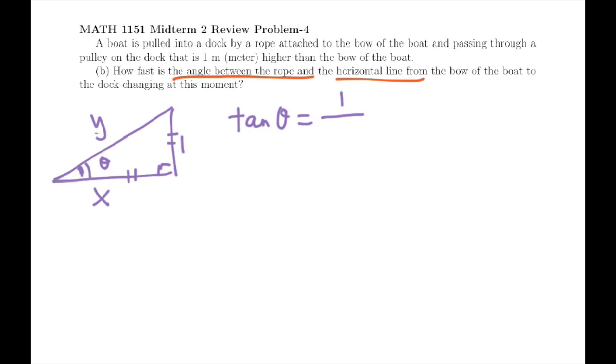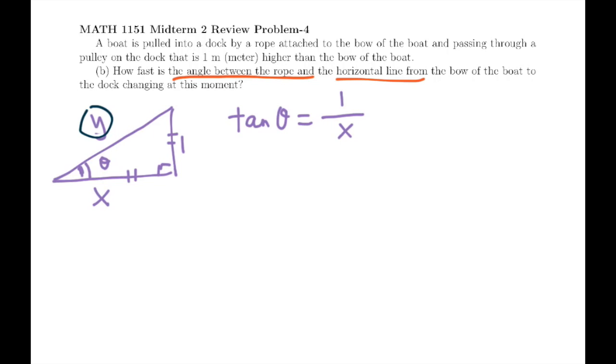So basically we have tangent theta equal to 1 over x. You may ask why I choose tangent instead of other trigonometric functions. That is because all the others will depend on y, and y is another function of x. So we can just use tangent and only use x instead of y to simplify our problem.